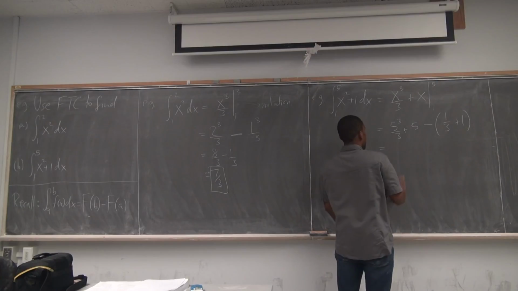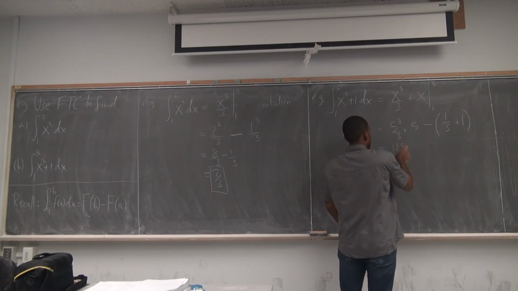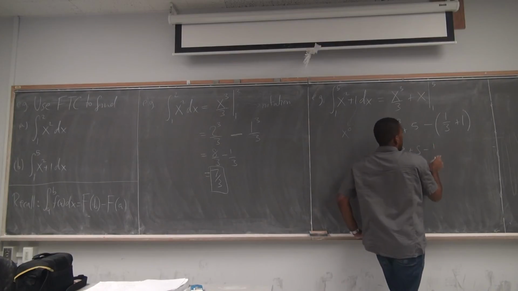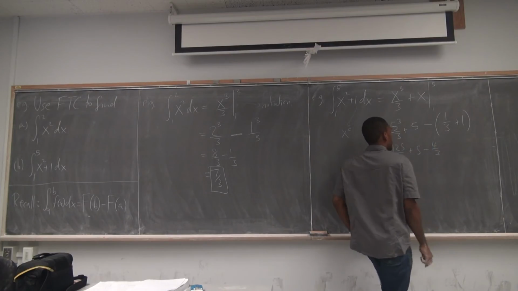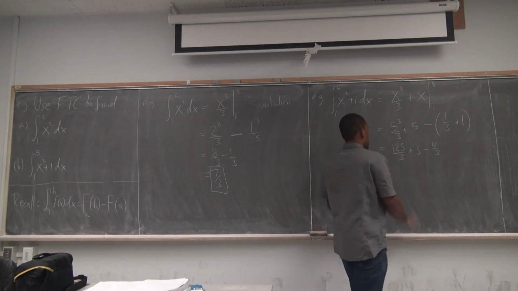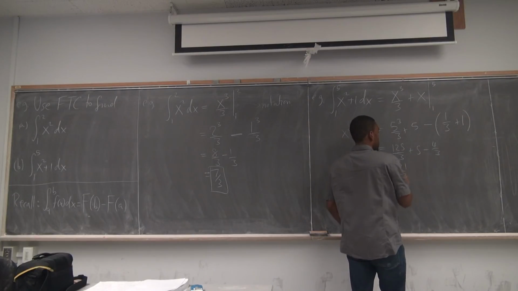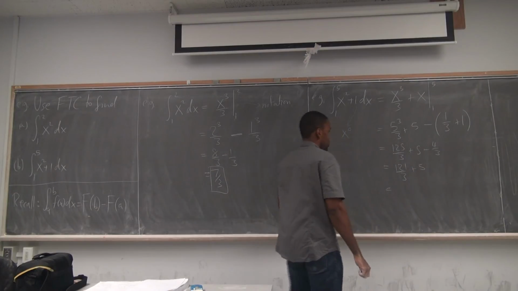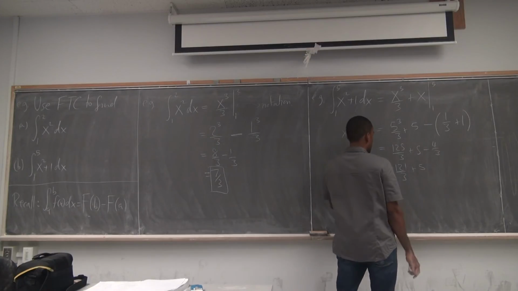Now I can simplify. 5 cubed is 125 over 3, plus 5, minus 4 over 3. So I have 121 over 3 plus 5. 5 is 15 over 3, so 15 plus this gives me 136 over 3.